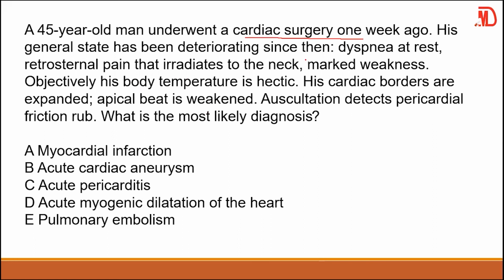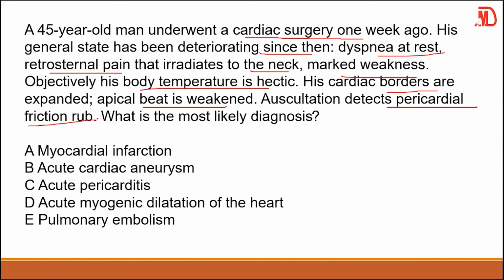Now, his general state has been deteriorating since then. Dyspnea at rest, retrosternal pain that irradiates to the neck, marked weakness. His body temperature is hectic. Cardiac borders are expanded. Apical beat is weakened. Auscultation detects, guys, this is where your clue is, a pericardial friction rub.